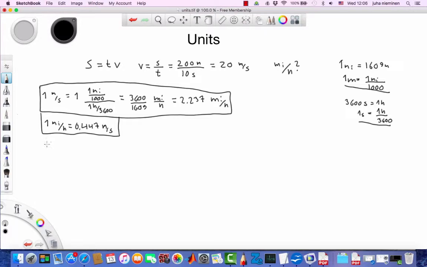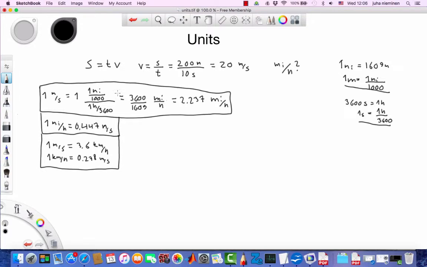And another very useful, of course, is that 1 meter per second, in fact, is 3.6 kilometers per hour, and the other way around, 1 kilometer per hour is 0.278 meters per second.